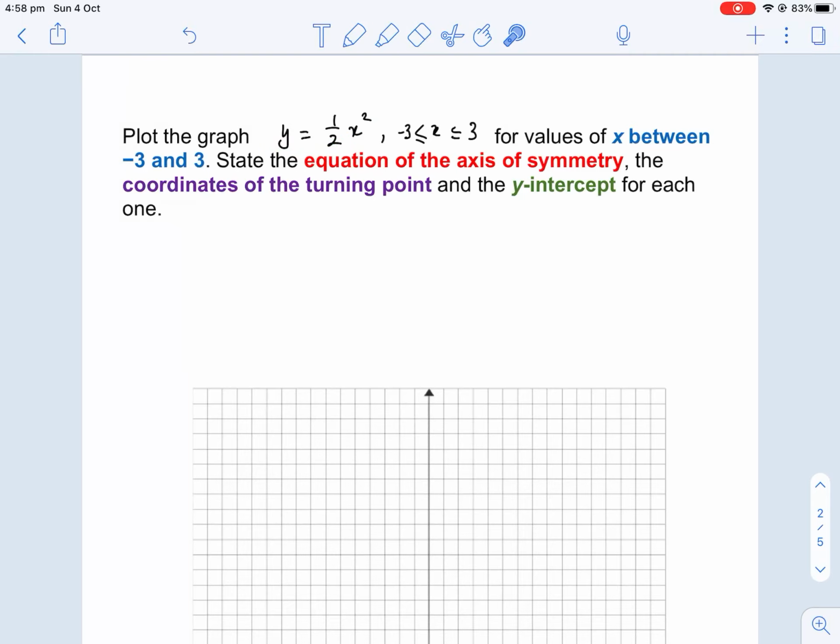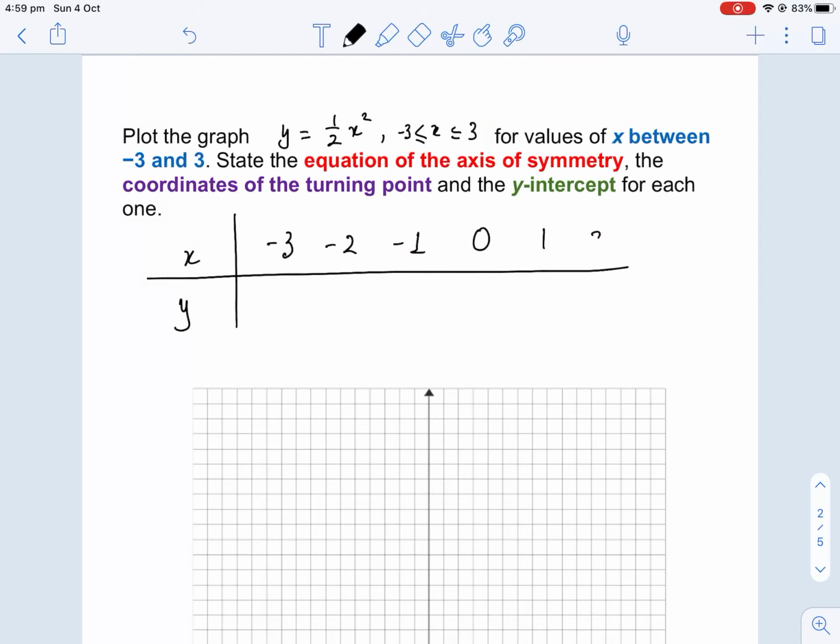All right, I have to build the table of values, with x and y. The minimum value of x is negative 3 and the maximum is 3, so we start from negative 3, negative 2, negative 1, 0, 1, 2, 3.